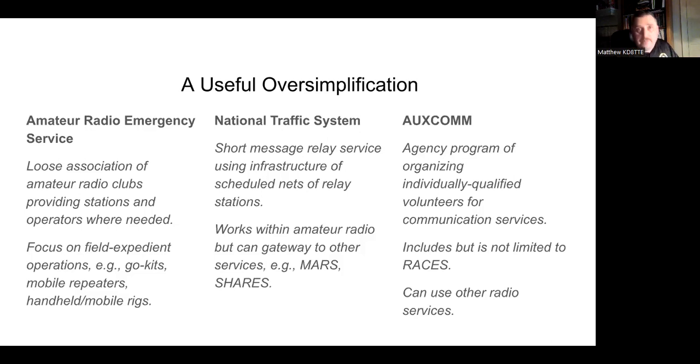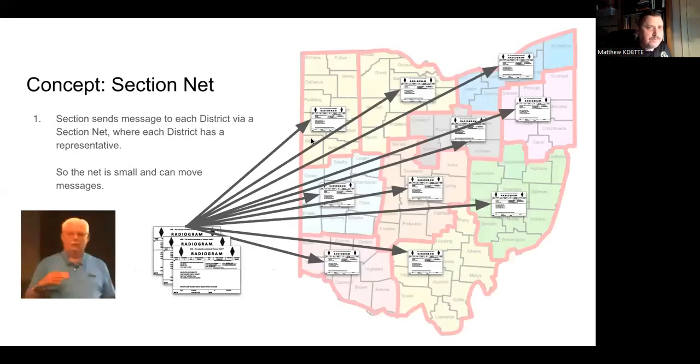An AUXCOMM team in an agency might well use SHARES or some other radio services in addition to amateur radio. So it's an oversimplification to talk about ARES, NTS, and AUXCOMM in these terms, but it's a useful oversimplification for the purpose of seeing what their focus areas are and how they relate to one another.